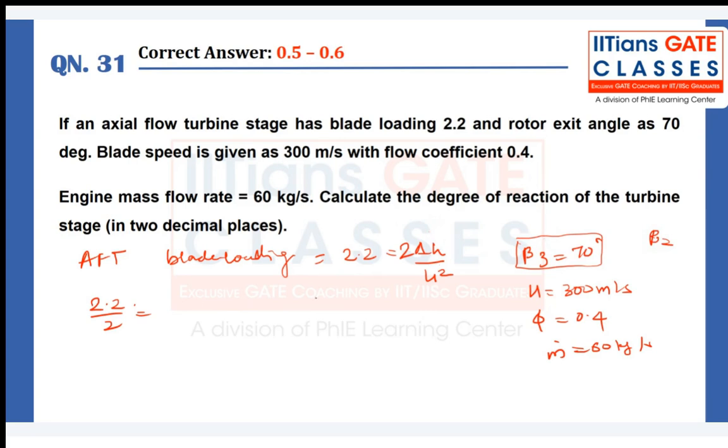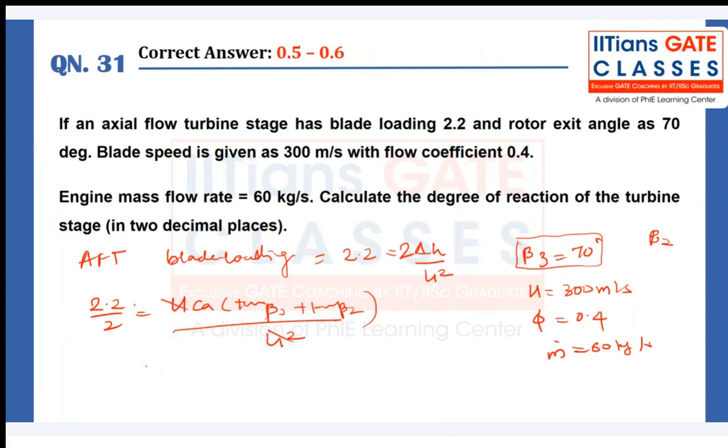So in order to find beta 2, we will use this blade loading coefficient. Here if I expand delta H using the Euler work done equation, and also using the blade angle definition, I get something like U tan beta 3 plus tan beta 2 upon U square.